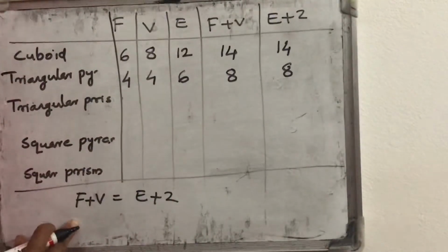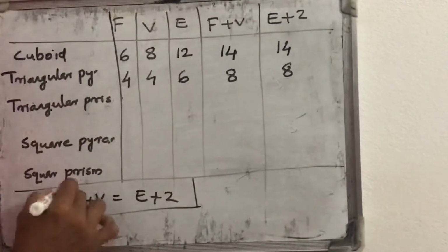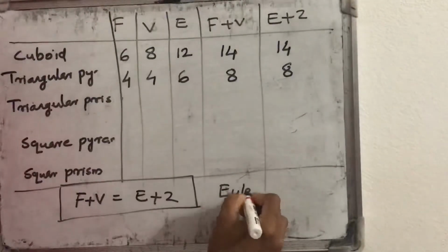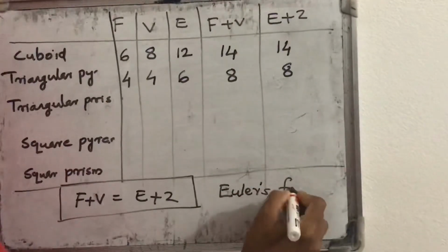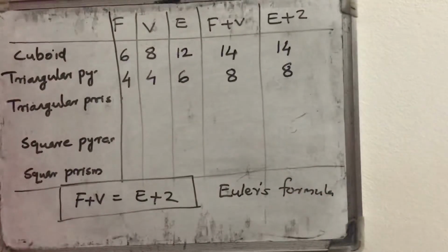Okay, f plus v equal e plus 2. So this formula is called Euler's formula. Okay, this is called Euler's formula for solid shapes.